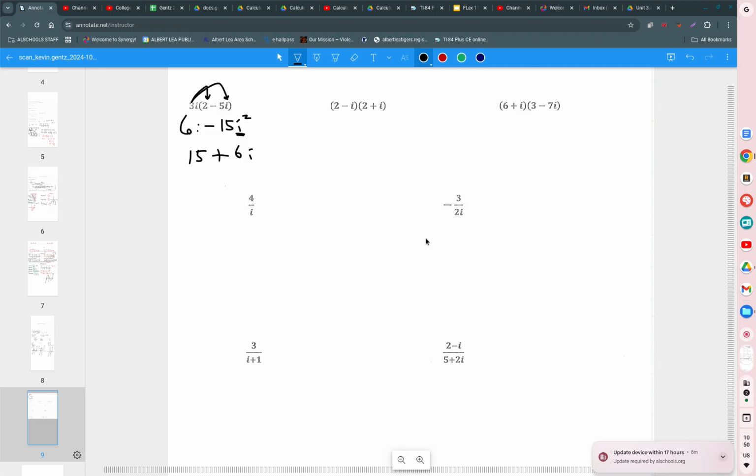The next one, we have 2 minus i times 2 plus i. Do you notice that those are conjugates? They're the same, except the ending changes from positive to negative. When we multiply conjugates, what happens to the middle? They cancel. And so I get 4 plus 2i minus 2i minus i squared.